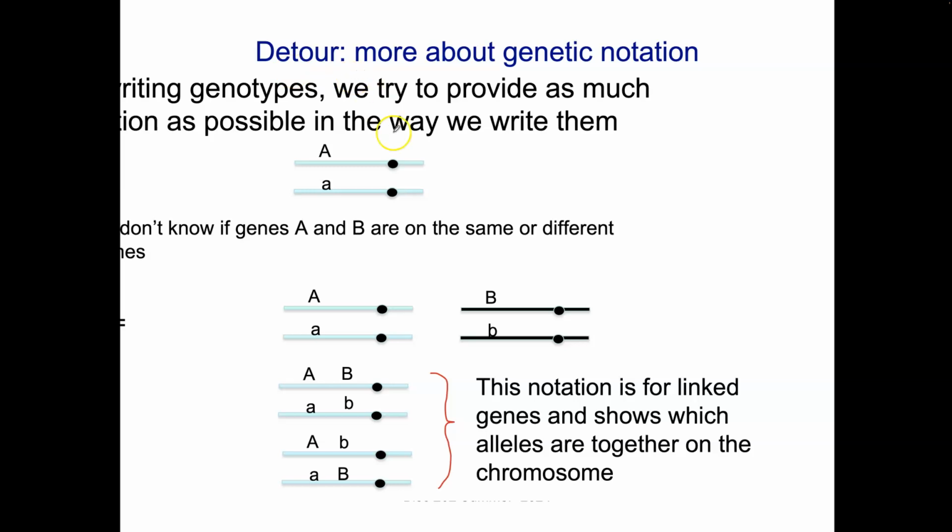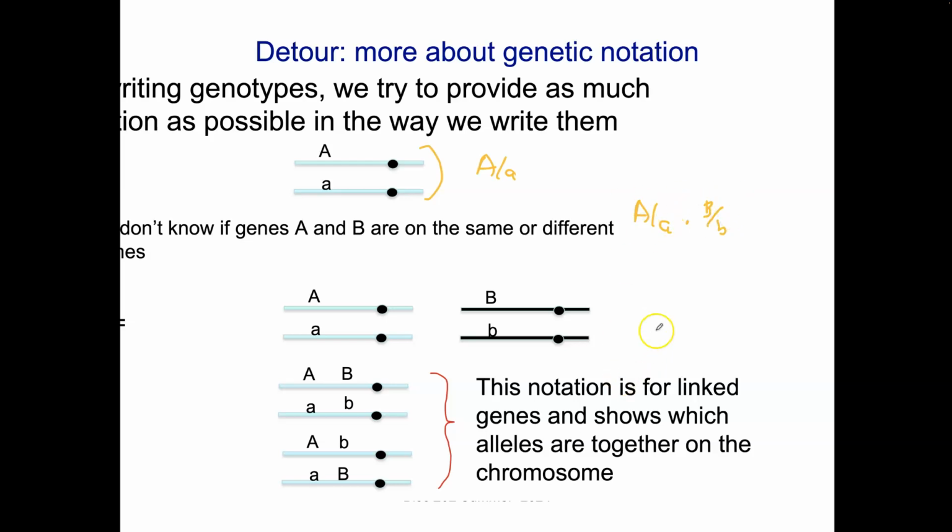I just want to talk about writing genotypes. So in this case, if we've got a gene, we show the genotype like this. If we don't know if genes A and B are in the same or different chromosomes, we write them with a dot between the two. Suppose you're doing a cross and that cross is going to tell you if the genes are on different chromosomes or not.